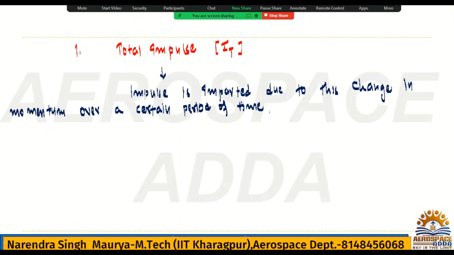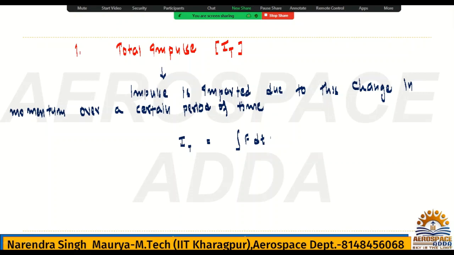Okay. So basically if I say total impulse, it will be whatever the force is and for what time it is imparted to the body or the system, force into that instantaneous time. Instantaneous time means for what short period that force is acting over the body. That force into time will give the impulse.